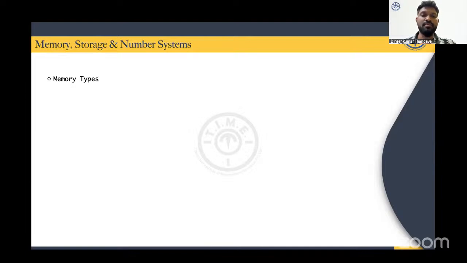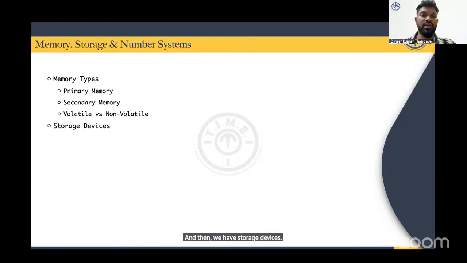The first one is memory types. In memory types, we have primary memory, secondary memory, and volatile or non-volatile. And then we have storage devices like HDD versus SSD. Nowadays, most computers come with SSD, not HDD.